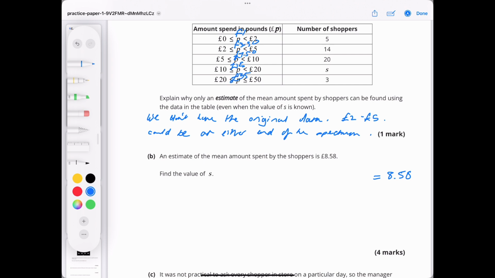Now we times the midpoint by the number of shoppers. So we do 5 times 1. Let's just do this.